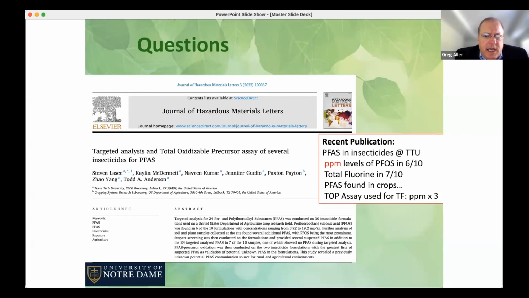It tested 10 pesticides that are used on USDA fields and found 6 of them with substantial PFAS, ranging from 4 million PPT to 19 million PPT. And some of these, like imidacloprid and malathion, are widely used. What are you taking away from that study?